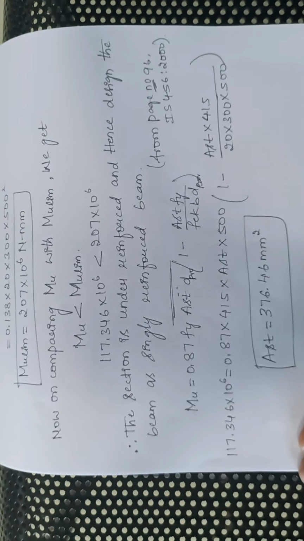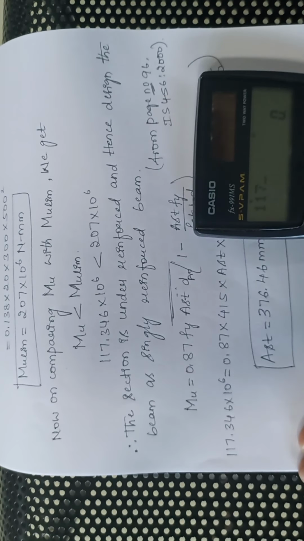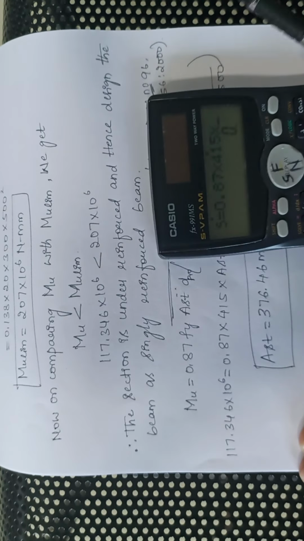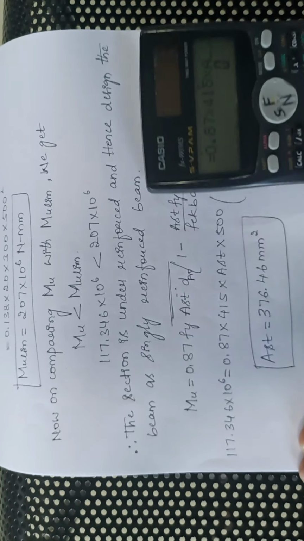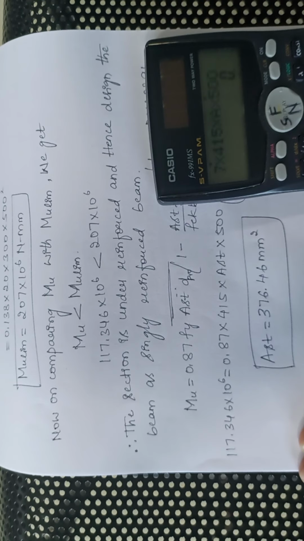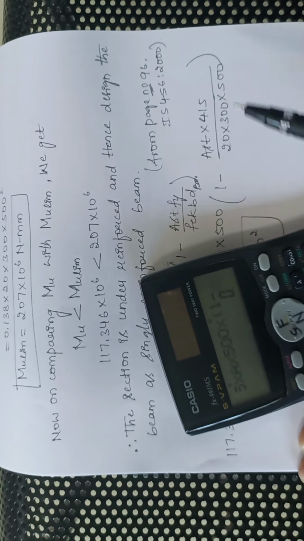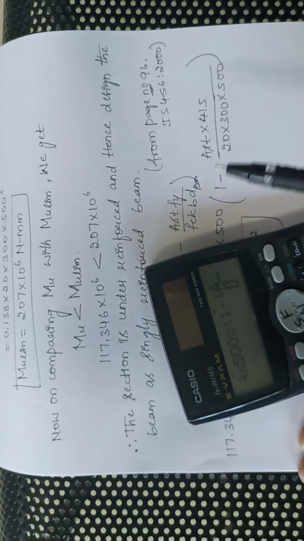Now let us start simplifying this. 117.346 into 10 to the power of 6 is equal to 0.87 into 415 into, in place of Ast you just keep it as A, into 500 into, open the bracket, you type 1 minus, again you open the bracket, alpha A into 415, close the bracket, divide that with 0.